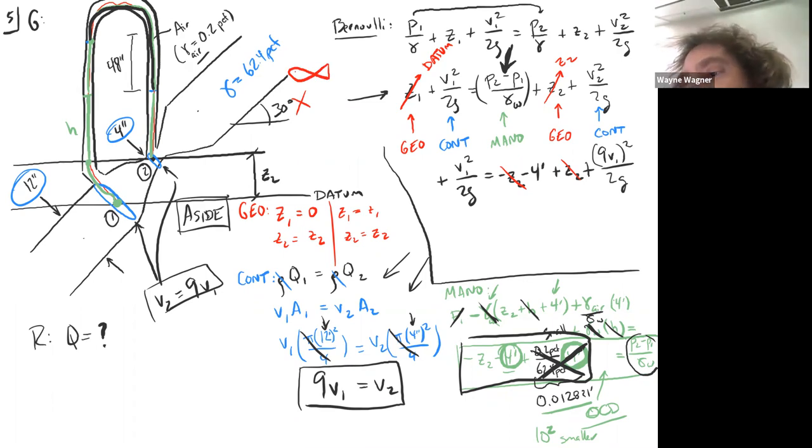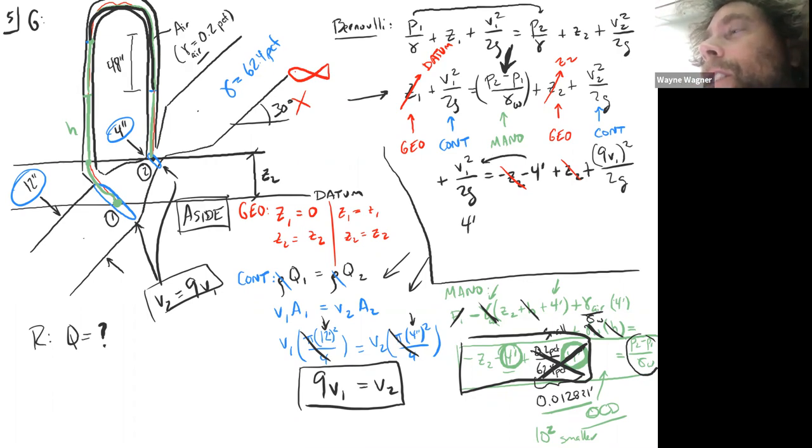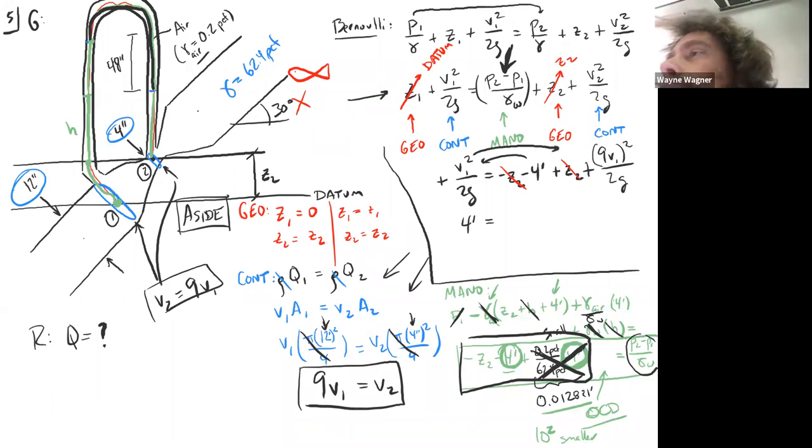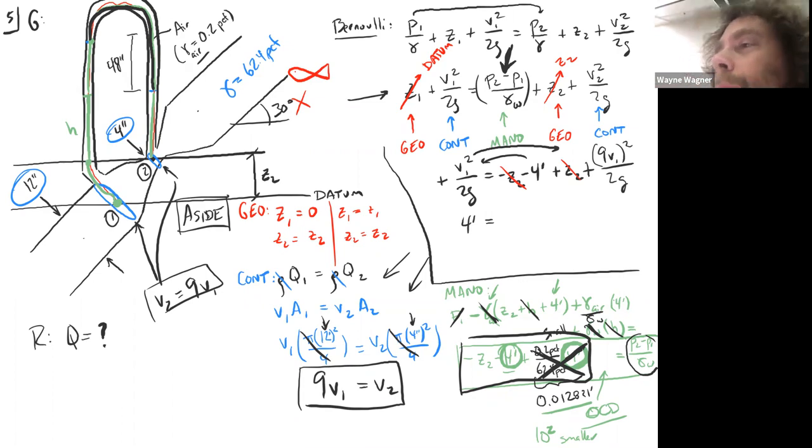And then, so yeah, now we're ready to go. I'm going to bring this 4 over to the other side. So I've got 4 feet. I'm going to bring this V1 squared over here. So I've got 81 V1 squared minus 1 V1 squared. So I'm going to get 80 V1 squared over 2 times G, which in this case is 9.81 meters per second squared.